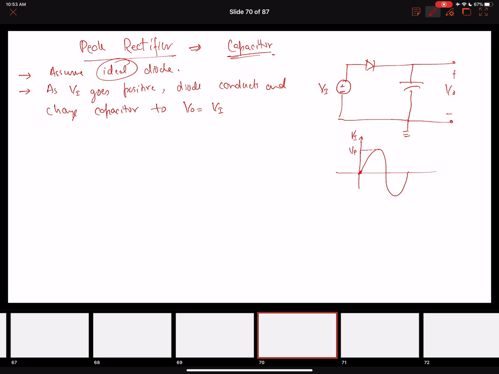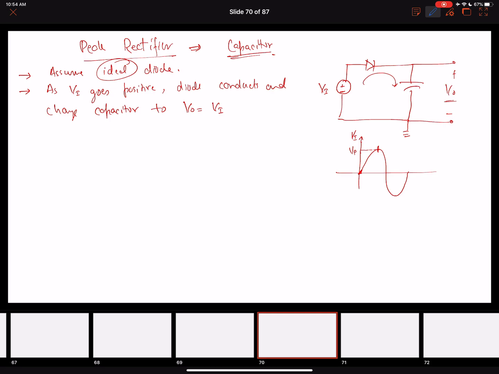So as soon as this positive cycle starts, the diode will be short circuit, a current is going to start to flow, and the capacitor is going to start to charge, and the process will continue till it reaches a peak value. This is going to fully charge the capacitor, and the potential drop, the V naught, will become equal to VP, or the maximum voltage that is appearing over here.